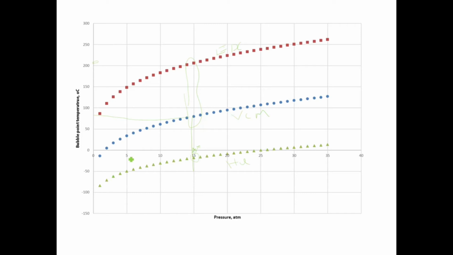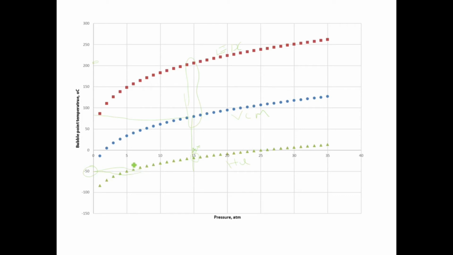Say if you are maintaining a pressure of 5 atmosphere, your hydrochloric acid will start to boil even at lower temperature, around minus 50, at cryogenic temperature. If your temperature is above this value, obviously you will have hydrochloric acid in the vapor phase.